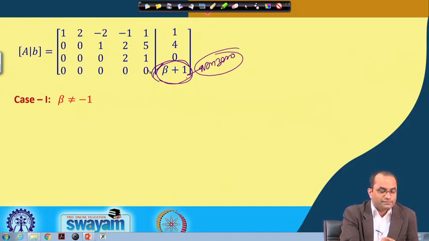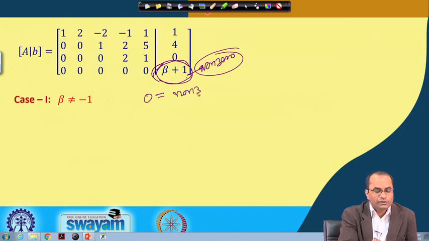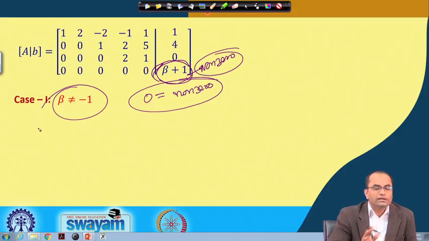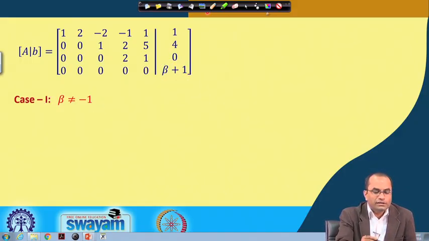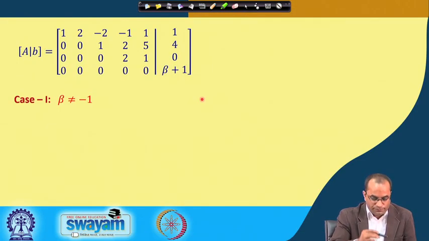In other words, we have 0 equal to something non-zero. So, when beta is not equal to 1, the system is inconsistent and we do not have a solution.